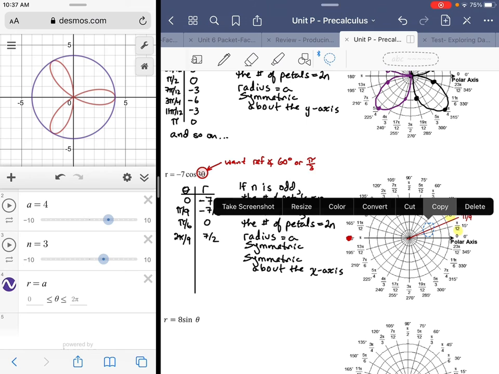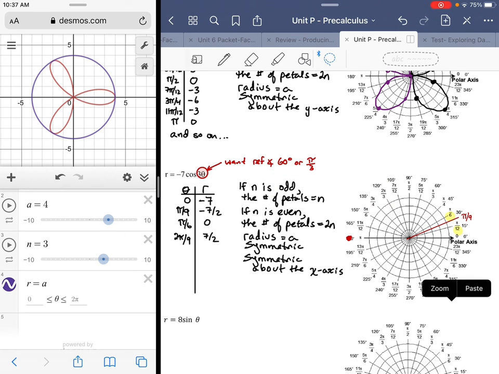And then we can plot 3.5 away from that. So what I would do here, and what you would probably do if you're doing this on paper, is you just pop a ruler on there and extend it.